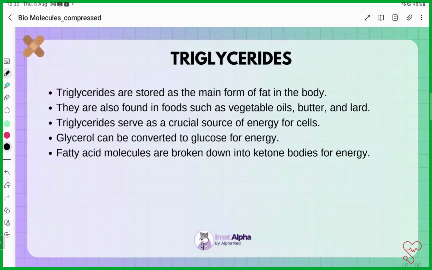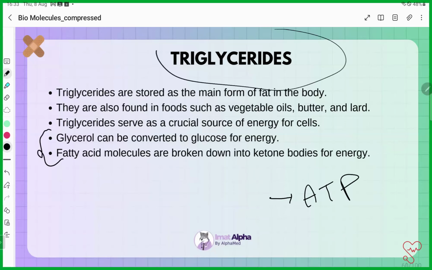So you should memorize this too so well. That the glycerol can be converted to glucose for energy. So to produce ATP, we use the triglyceride. The glycerol from the triglyceride can be decomposed and converted into glucose.